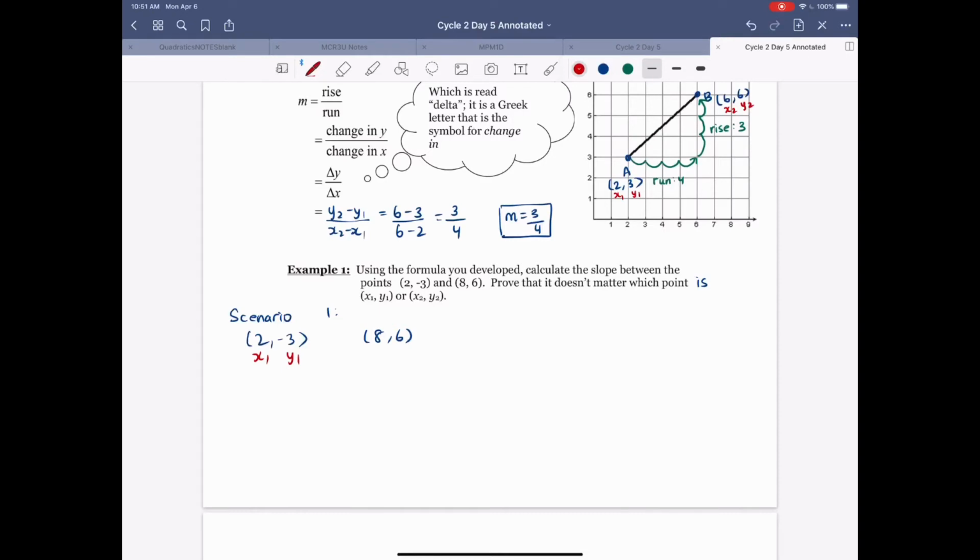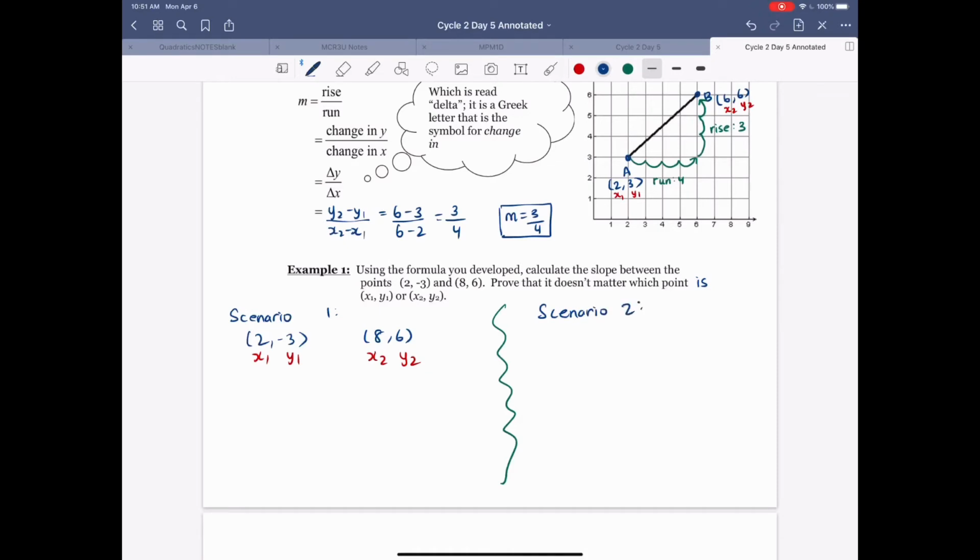Well, 2, -3 I'm going to say is point 1. And remember, the first part of the ordered pair is the x, and the second part is the y. And therefore, if that's point 1, 8, 6 must be my point 2. So that must be my x2, that must be my y2. All right, that's my scenario 1.